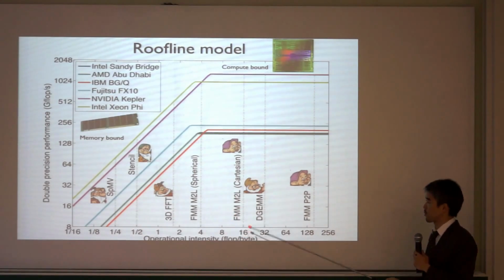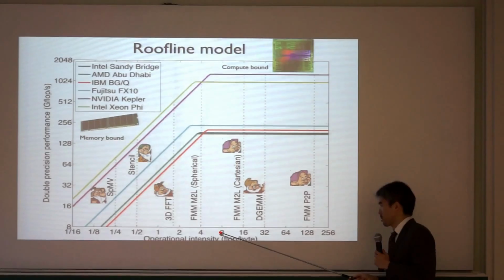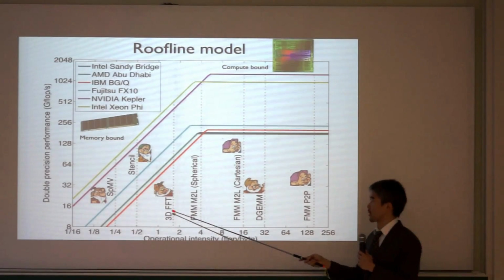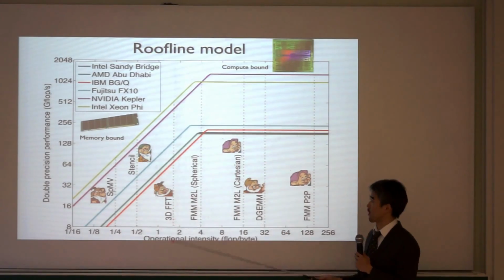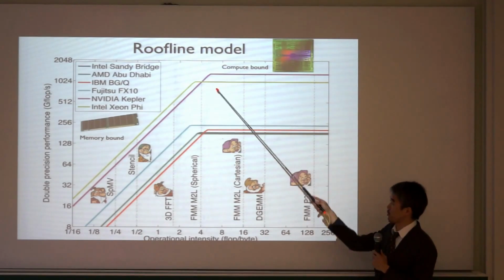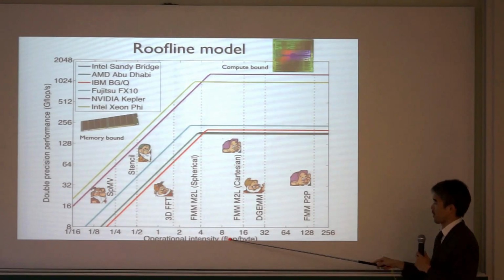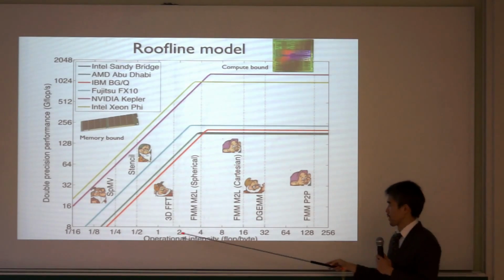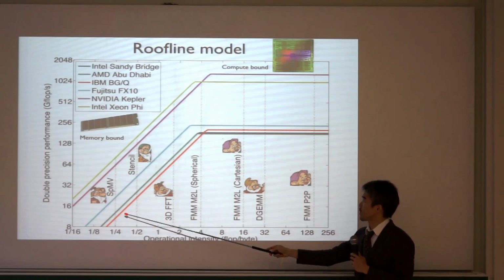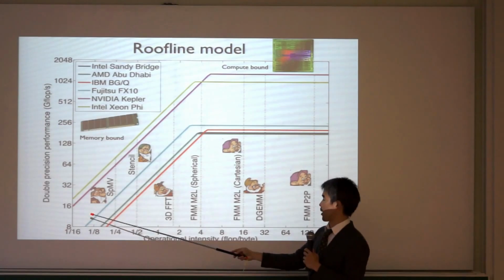In other words, if you load some data and just do one computation on it and then throw it back out, then the whole chip is not being utilized very efficiently. This is a chart that shows that. It's called the roofline model. As the operational intensity of your algorithm increases, first your performance increases, but you're still memory bound.